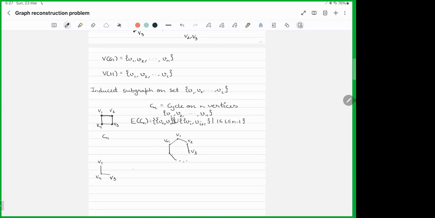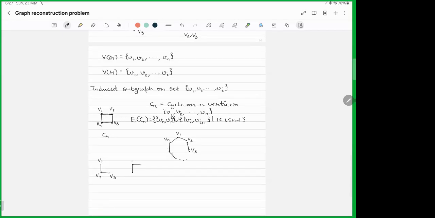Similarly, I will delete V3 to get V1, V2, V4, I will delete V4 to get V1, V2, V3, and V1 gives V2, V3, V4. Now I am also removing the labels from the graphs. So I will get something like this, and I draw all these 4 graphs on cards, and I give you these 4 cards.